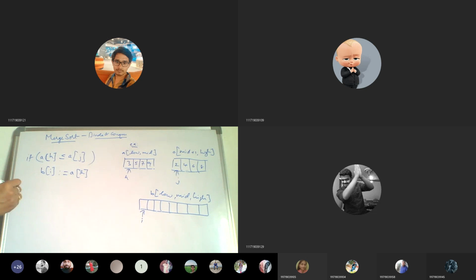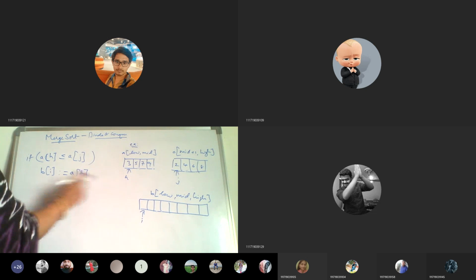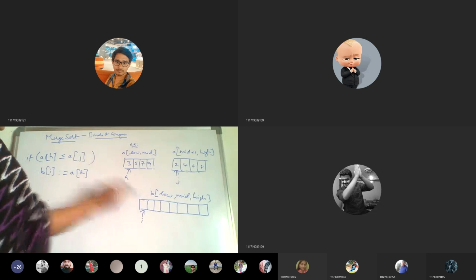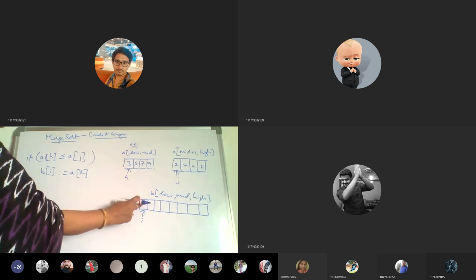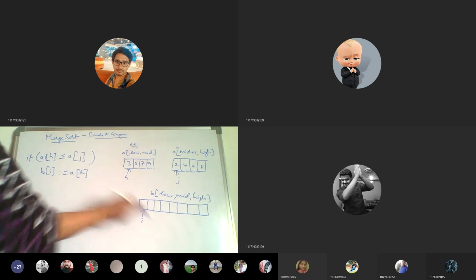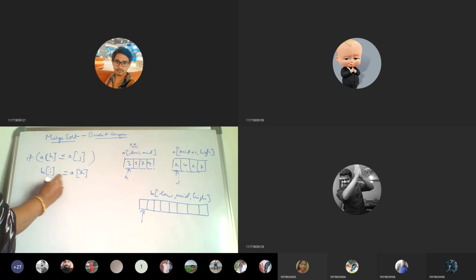Else, what are we going to do? If this element is less than the other, whichever element is lesser will be copied here. That's what we are doing. If A of H is less than A of J, then A of H is copied into B of I. Once this is copied, we have to increment: I is equal to I plus 1 and H is equal to H plus 1.